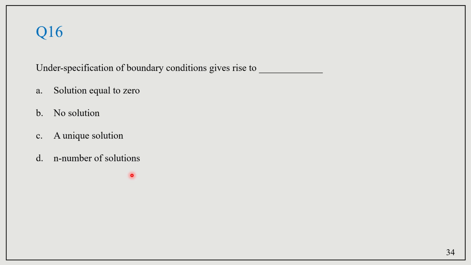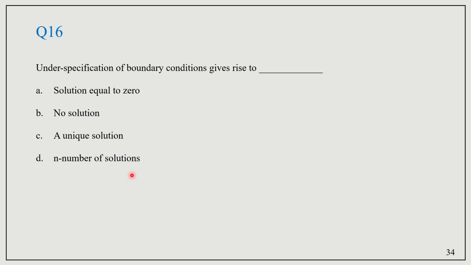It is similar to how we deal with degree of freedom problems. We are just using the boundary conditions to solve the equations, right? What if we under specify the boundary conditions? It is like we are giving fewer values than is required. So the answer is that we will get n number of solutions, because we are giving fewer values than required.